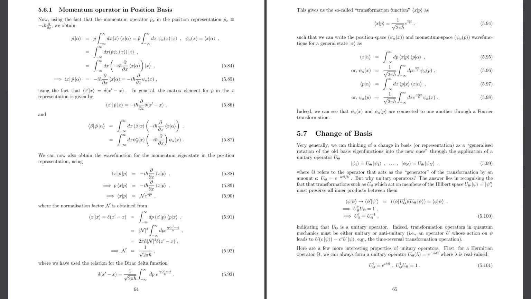As a consequence, this object, this probability amplitude of projecting the state alpha onto the position eigenstates, gives rise to these eigenfunctions, okay, of alpha in the real space basis, psi alpha as a function of the variable x. Okay.